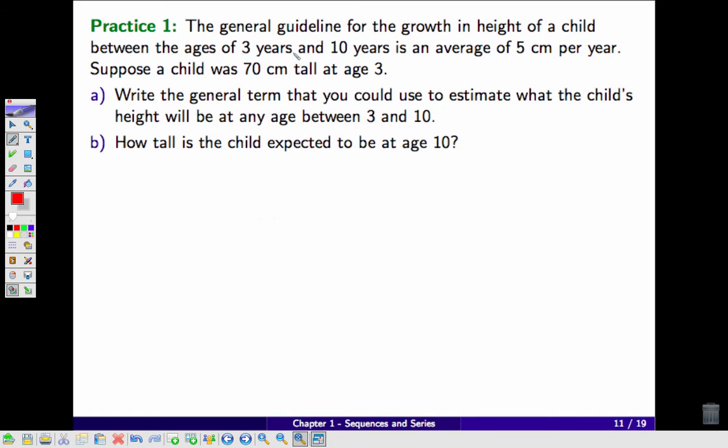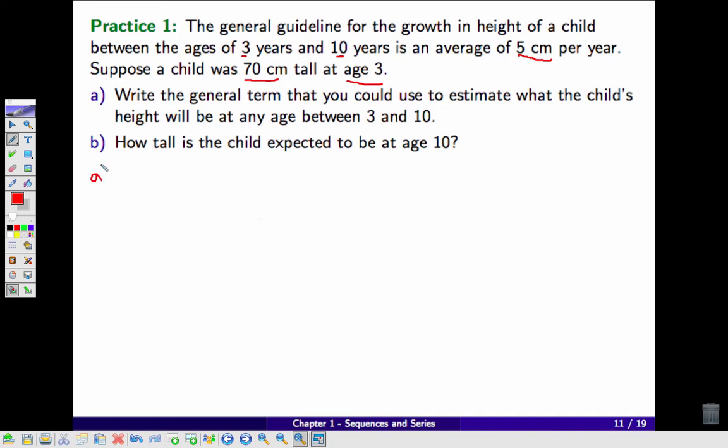The general guideline for the growth and height of a child between the ages of 3 years and 10 years, we're going to need those values, is an average of 5 centimeters per year. Suppose a child was 70 centimeters tall at age 3. So I underlined all the important points. Part A says write the general term that you could use to estimate what the child's height will be at any age between 3 and 10.